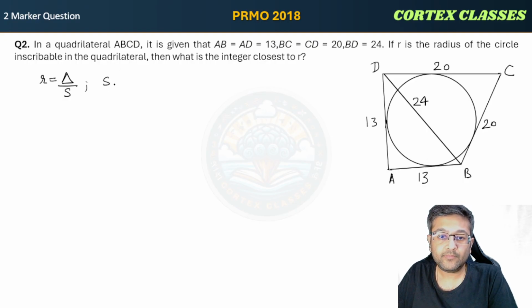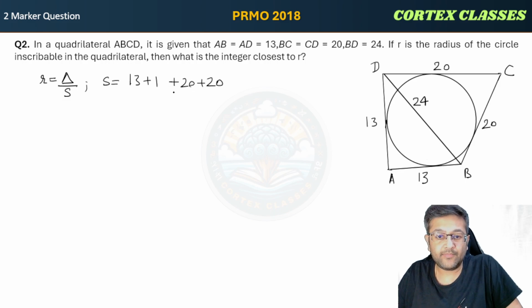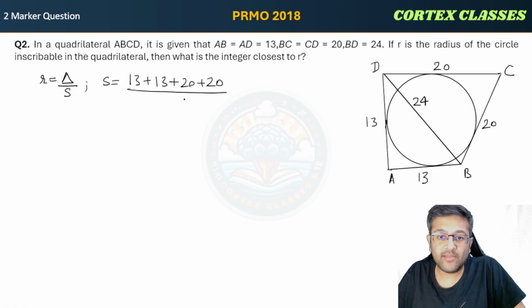S will be equal to 13 plus 13 plus 20 plus 20, the total semi perimeter of the quadrilateral, whole divided by 2, right? So that is the semi perimeter.